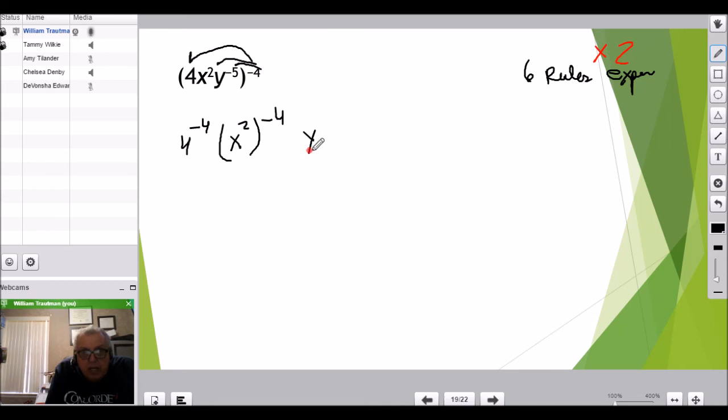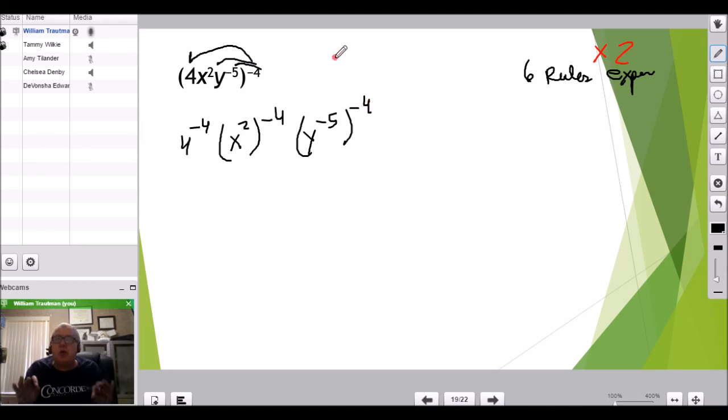And the y, negative 5, has a negative 4. You have to attach the negative 4 to each one of these. And you really have to watch that help video. I say that over and over again, that I have in the announcement section on the 6 rules of exponents. Watch that, and it's really going to come to light, everything here.